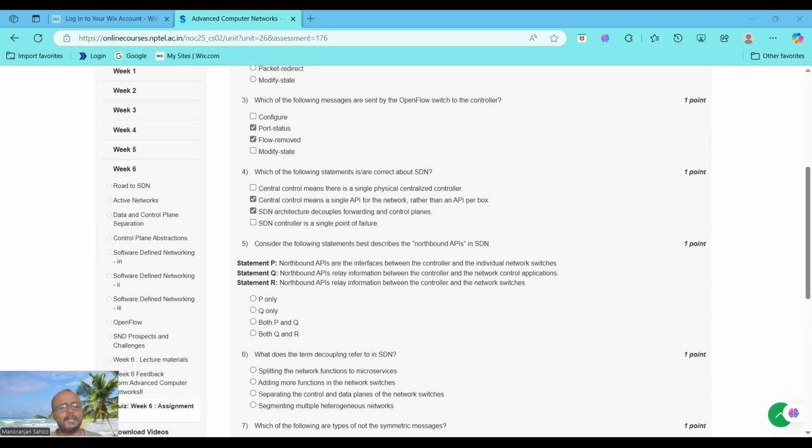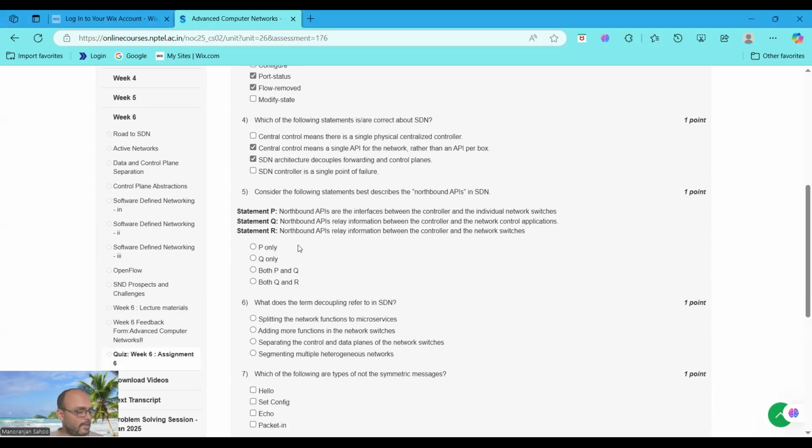Central control means one API for the entire network, allowing centralized management. And SDN separates forwarding, that is the data plane, and the control plane, making network management more flexible. Because of this, we choose the B and C options.